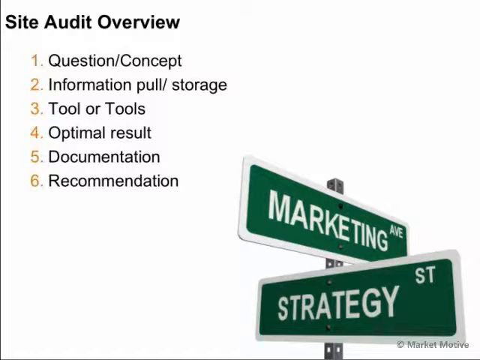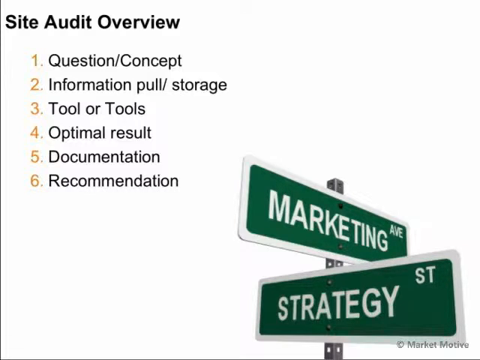We're going to look at the concepts involved with things like duplicate content, image optimization, meta description writing, and title writing. We're going to look at the tools that we use to pull this information and store it. And then we're going to talk about the optimal results for given websites, and this is always an area of debate.